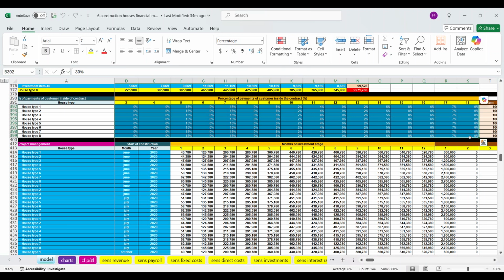So this will be a completely different scenario, and this model can show you the difference between financing needed in this scenario, that scenario, optimistic scenario, pessimistic scenario.